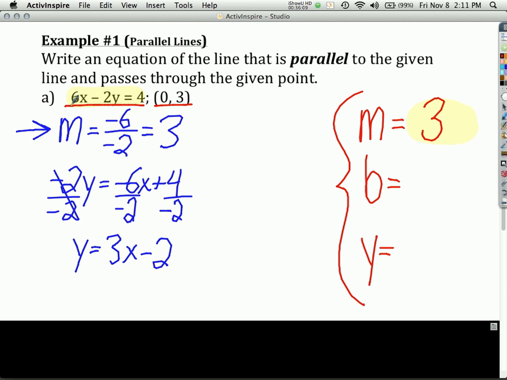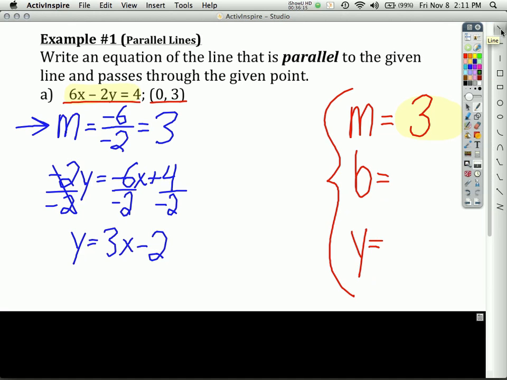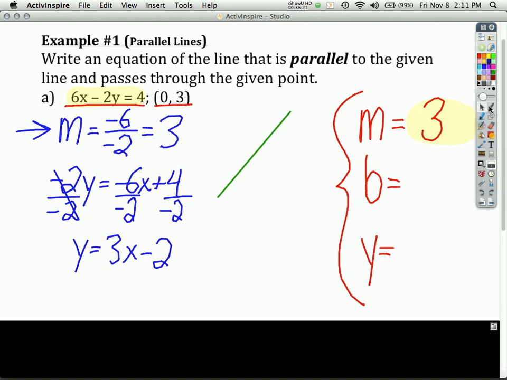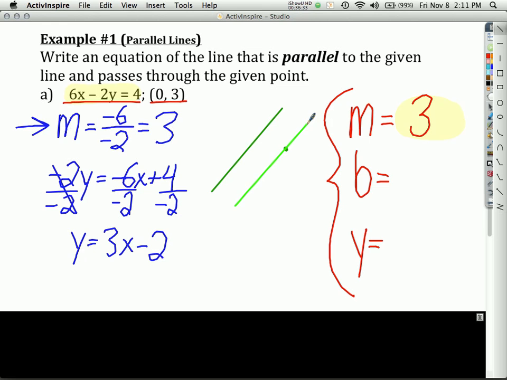So you can think of it this way. I am trying to find this. Let's just make this up. I'm going to pretend that the graph of this is like that. And then we've got this point over here. And so what I'm trying to find is the line that's parallel to that line.